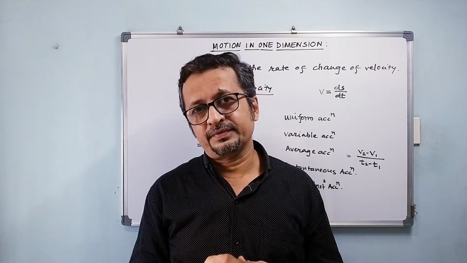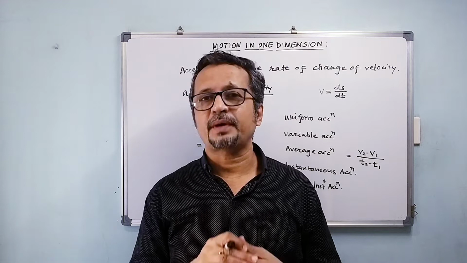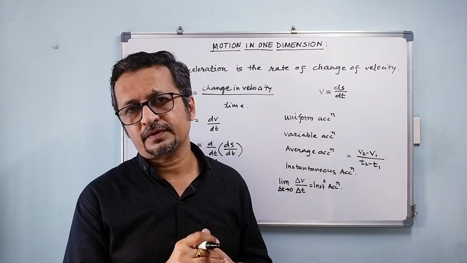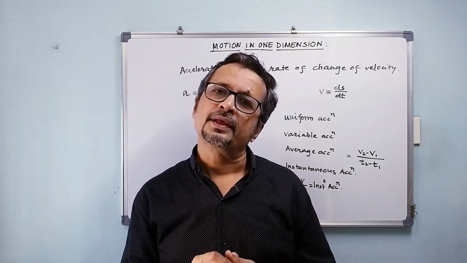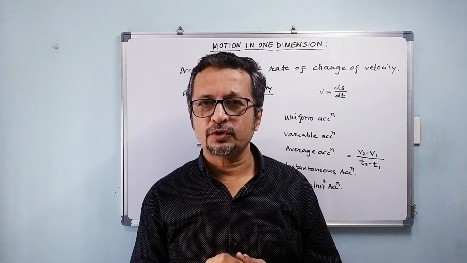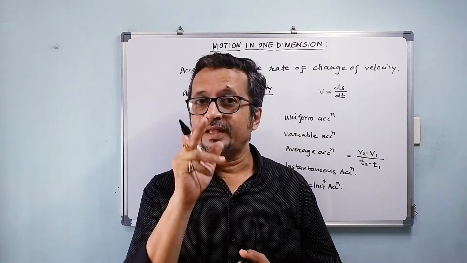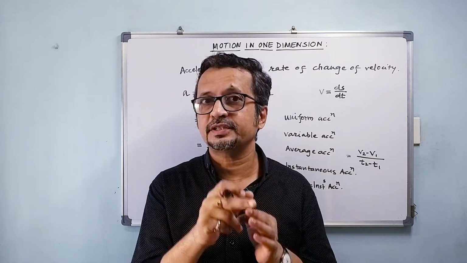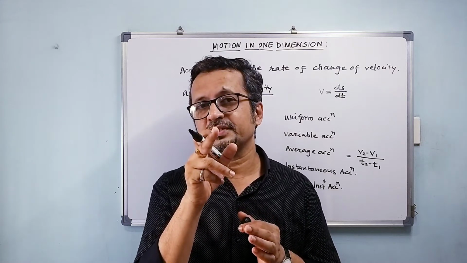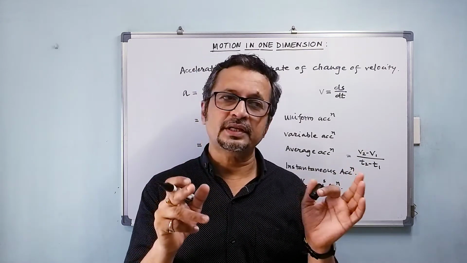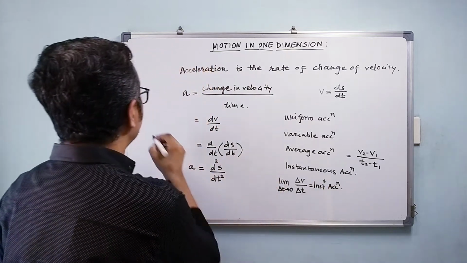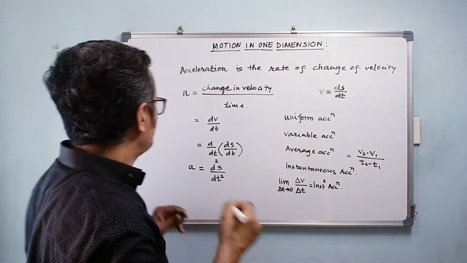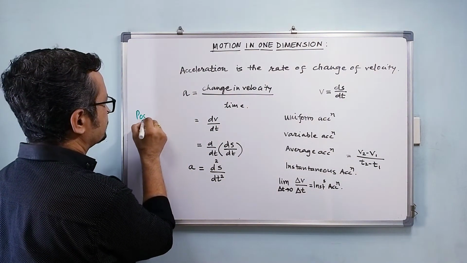So if the velocity of the particle performing this linear motion goes on increasing, that means my v2 minus v1, final velocity minus initial velocity, is going to be a positive quantity, so obviously my acceleration would be positive.